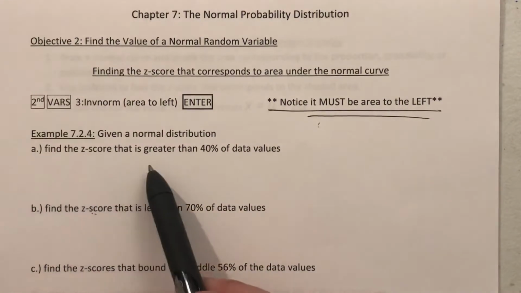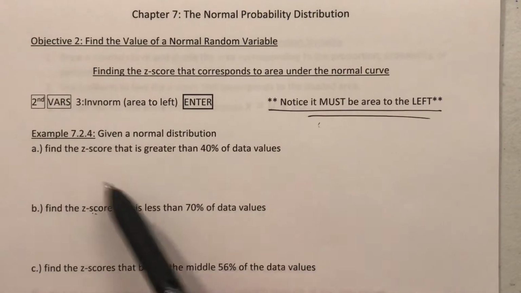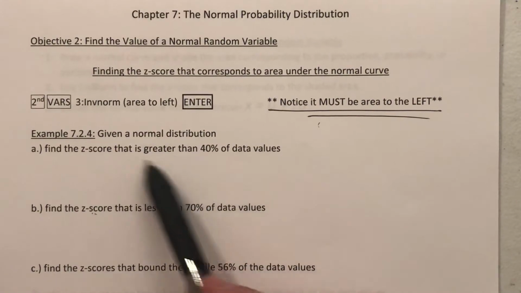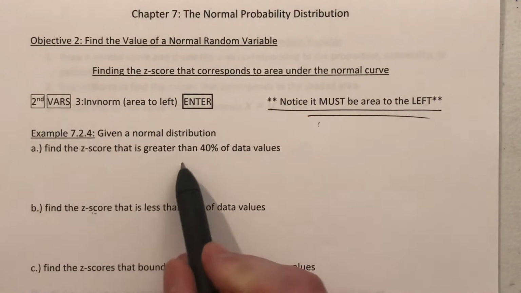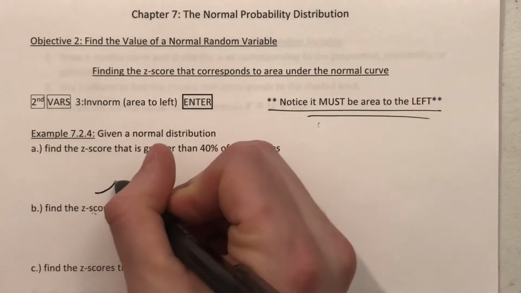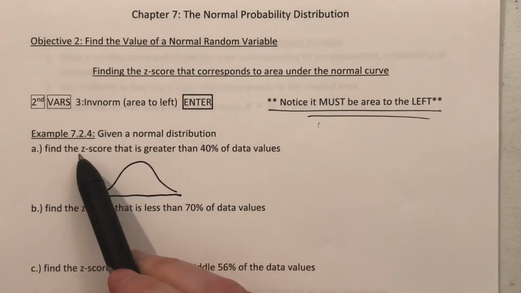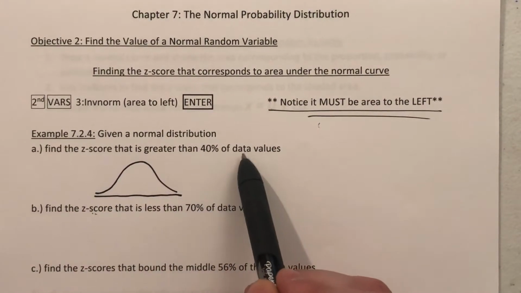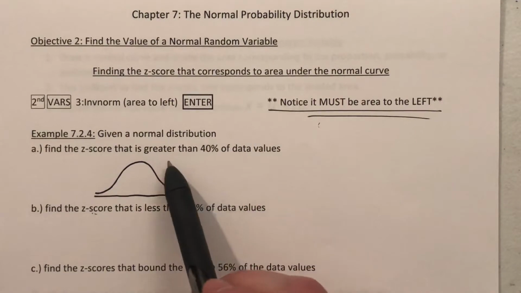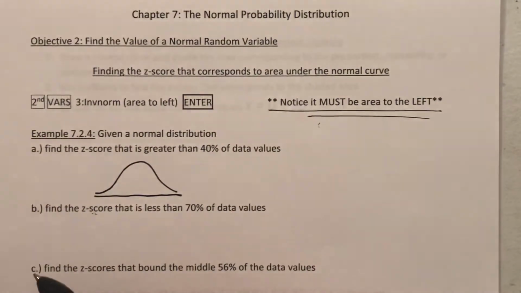So finding a z-score that is greater than 40% of the data values, make sure you read it very carefully here. Don't just see the word greater and think shade to the right. Finding the z-score that's greater than 40%, if we draw a quick normal curve, to say that the z-score is greater than 40% of the data values would be the same thing as saying the z-score has 40% of the values below it, right?